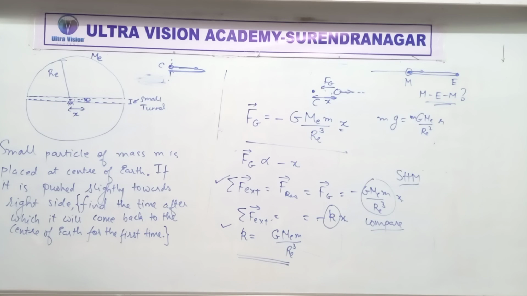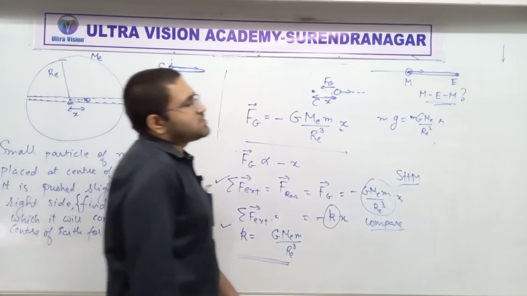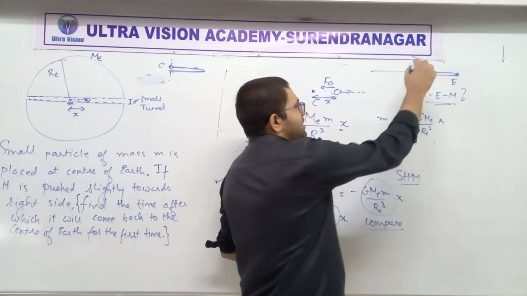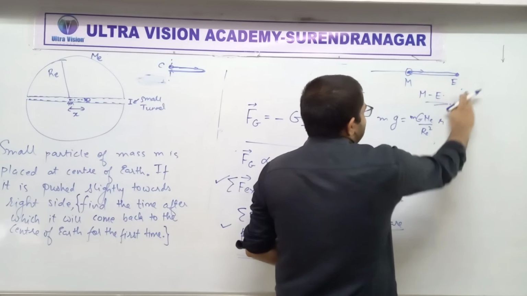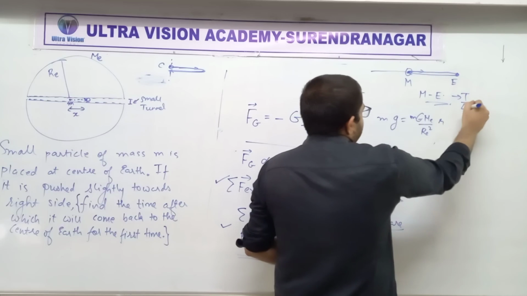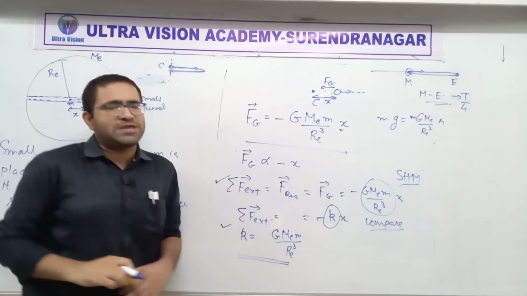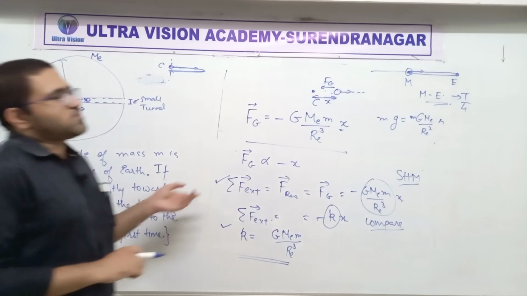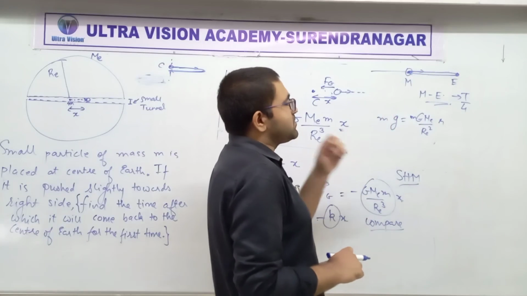Some of you are answering T by 4, some of you are answering T by 2. Well, correct answer is T by 2. Clear? Because going only M to E takes T by 4. Do you remember? So going from M to E takes T by 4 and going back from E to M, total T by 2.